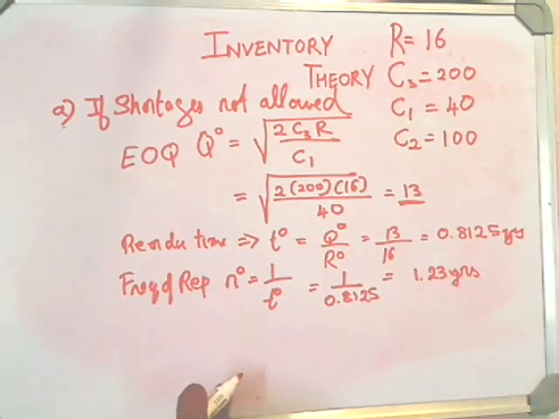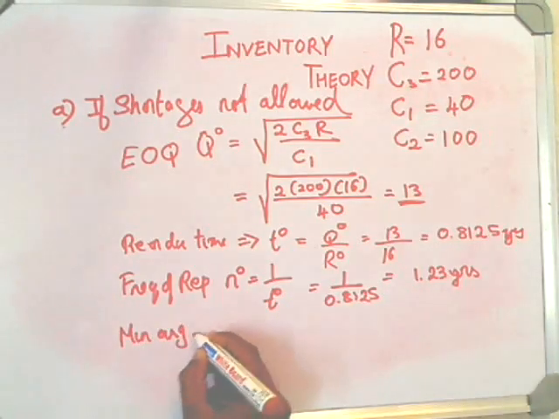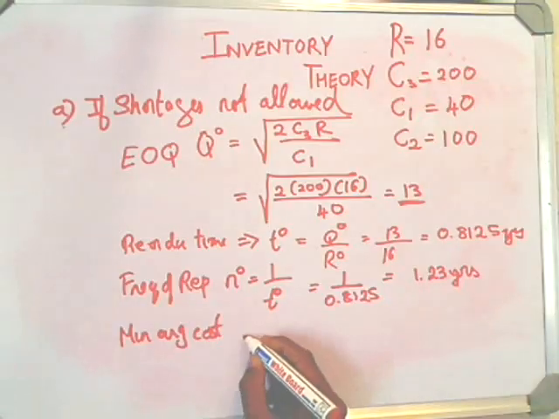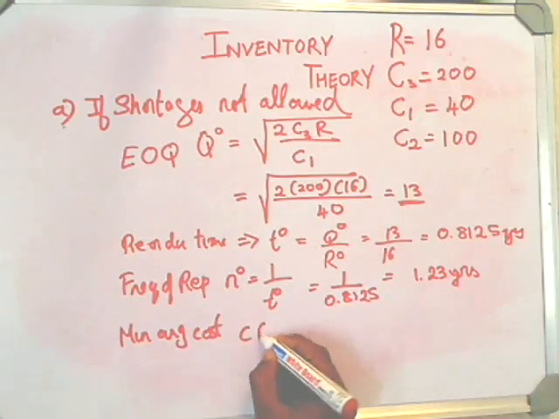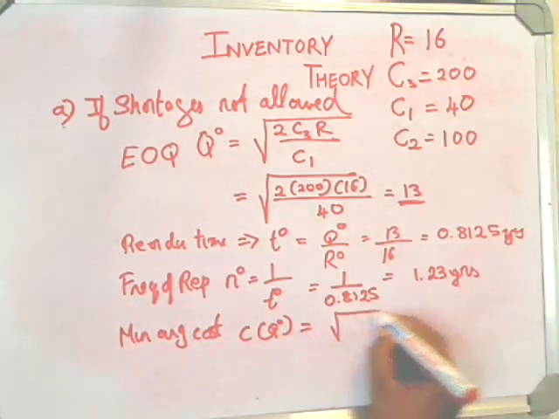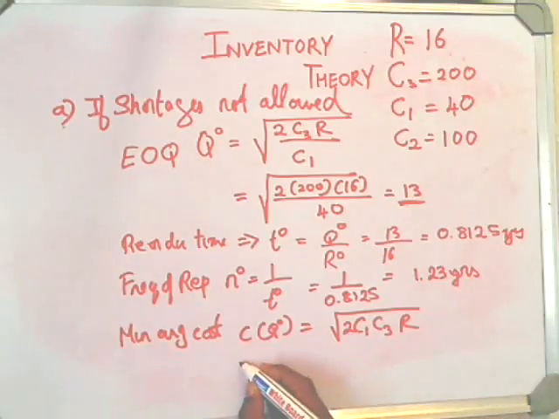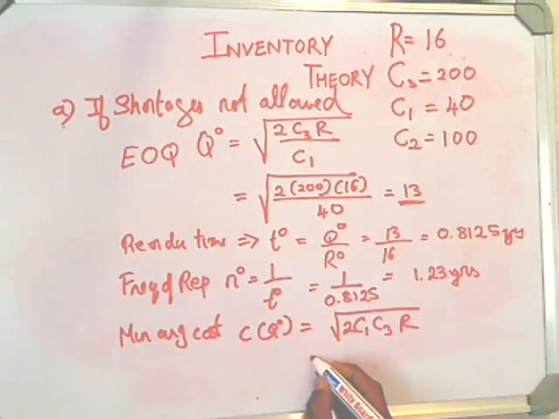Okay, and then the minimum average cost. Minimum average cost is given as the square root of 2C1C3R. And now I hope I don't run out of space when I do this.